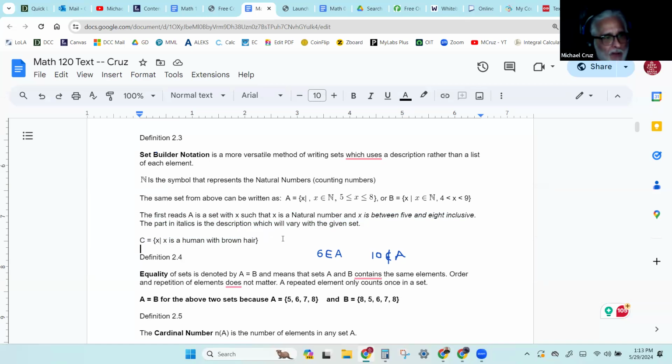Instead of listing out all the people in the set with brown hair, that description gives us the same set, because we can go through and find the ones that have brown hair from the description. Something that is well defined has to be able to be created using the description. If a set is well defined, we should be able to take a description and know exactly what's in it.